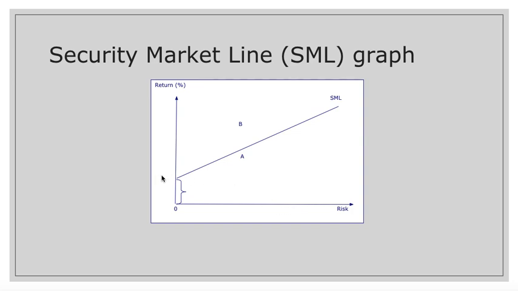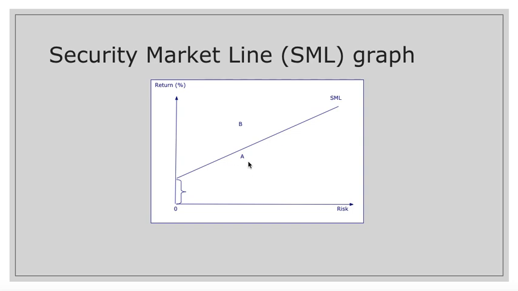You look at the SML line here, it is ascending to the right. So if you are willing to take more risk, you will get more return. This is only to show you the positive relationship between risk and return. That's why the SML, the linear equation, is ascending to the right.